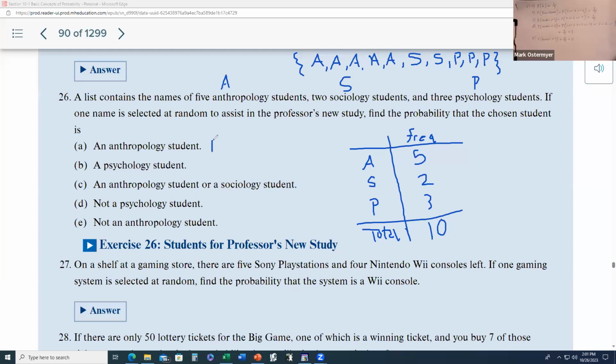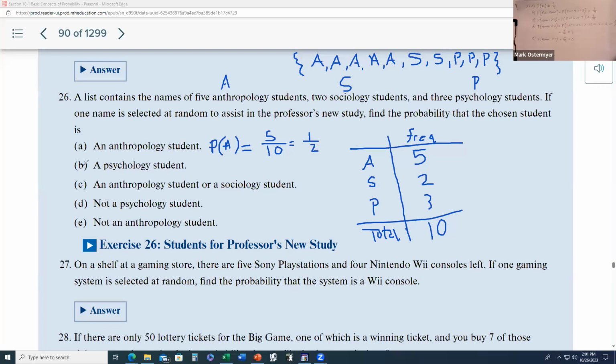How many ways can we select an anthropology student? 5. 5 out of how many total students were in the survey? 10. 5/10 is your probability, 1/2 or 50%.